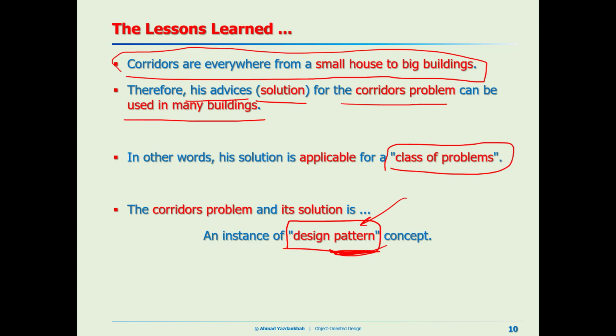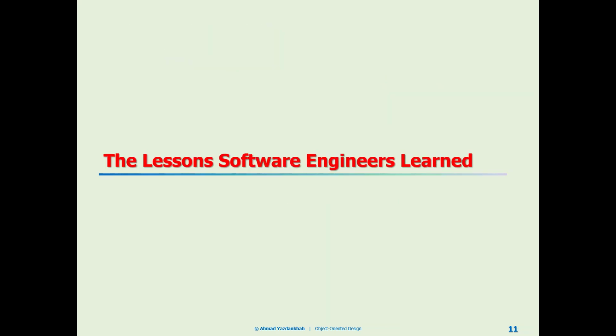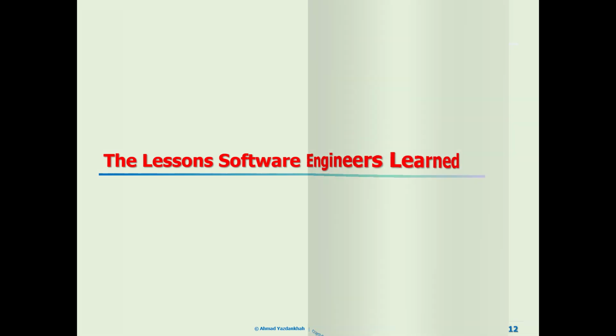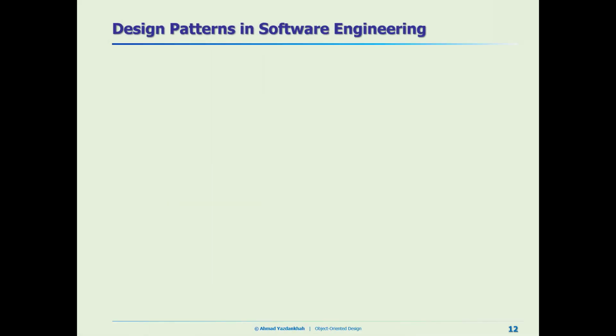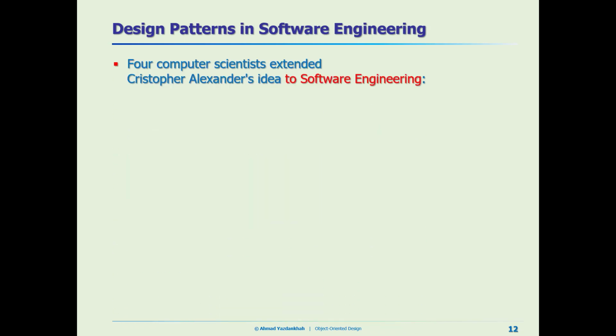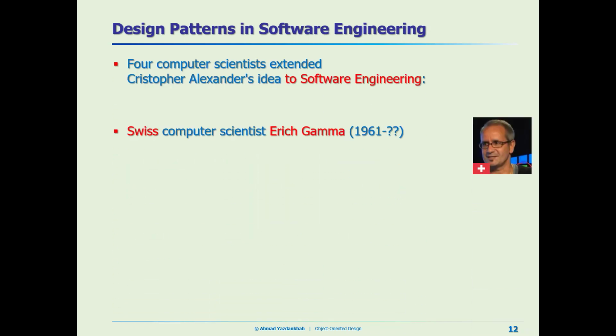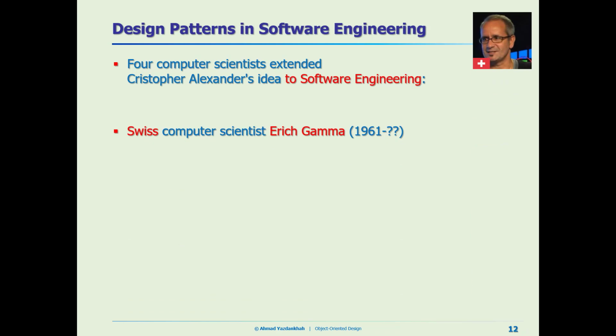But now let's see how software engineers learned what to do. In this section, we want to see how those concepts can be applicable in software engineering. So, what did software engineers learn from that book? Okay, so four computer scientists tried to extend Christopher Alexander's idea to software engineering.